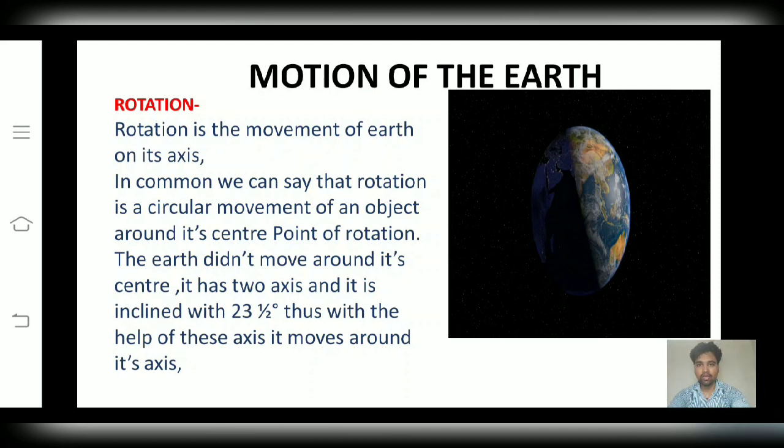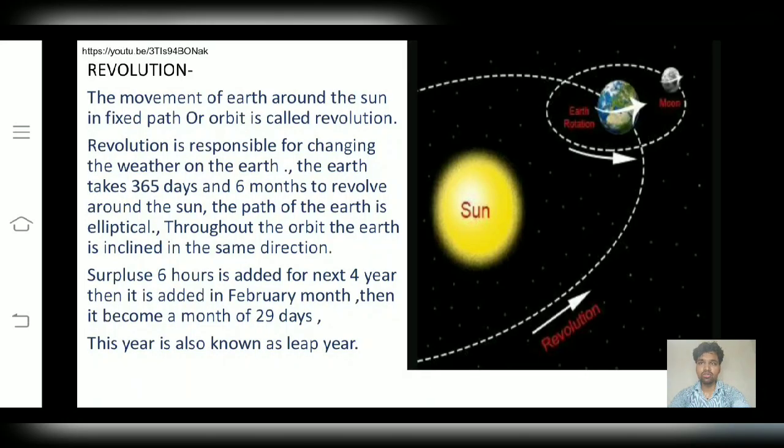So friends, here we will discuss about revolution. Revolution is basically the movement of the earth around the sun on a fixed path. We have already discussed the path of the earth in our first lecture, that is solar system.